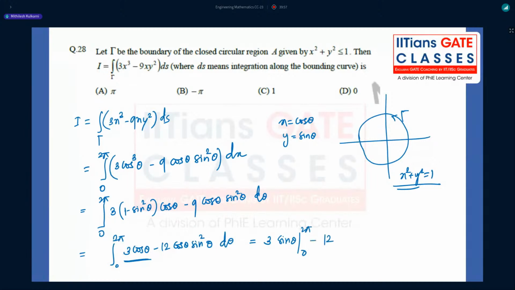Integration of cos theta sin square theta, you can do the substitution here, and you will easily get it as, I would write it as 4 sin square theta. Why am I writing 4 sin square theta? Let me explain here.